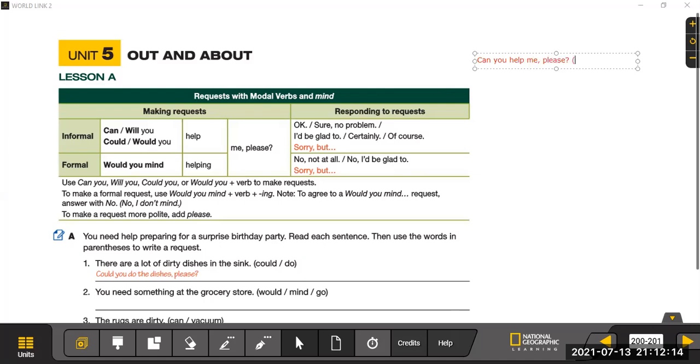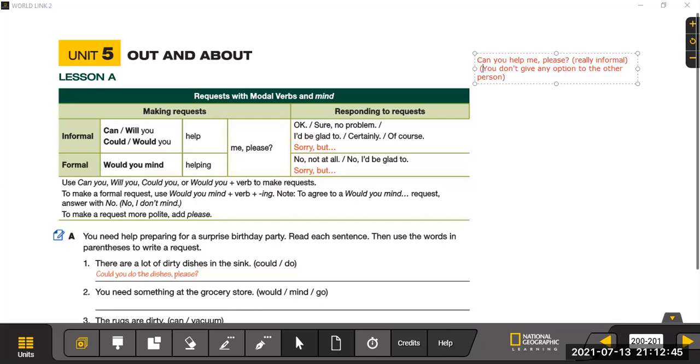This is really informal. It is informal because when you ask that question, it's like you don't give any option to the other person. If you tell me, teacher, can you repeat?